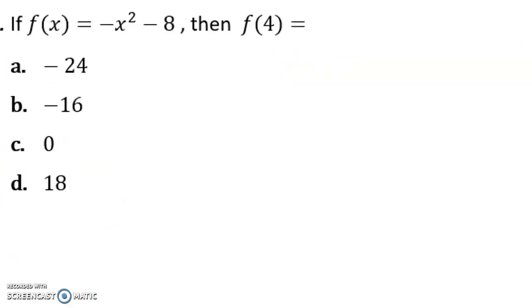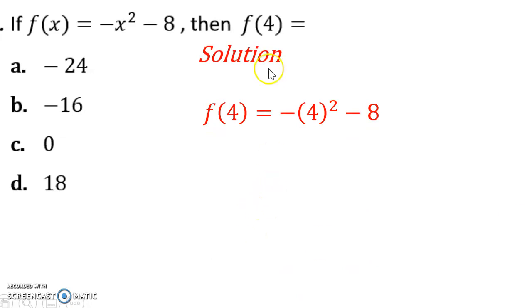If f of x equals negative x squared minus 8, then what is f(4)? So here we have the value of x being 4. We're going to substitute it where we have x. So f(4) would be negative 4 squared minus 8. And what's negative 4 squared?